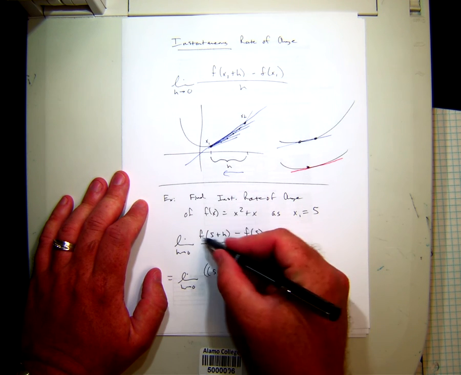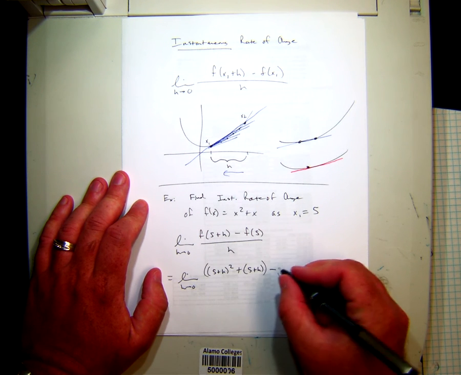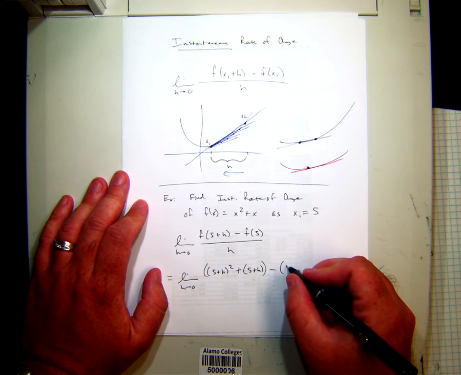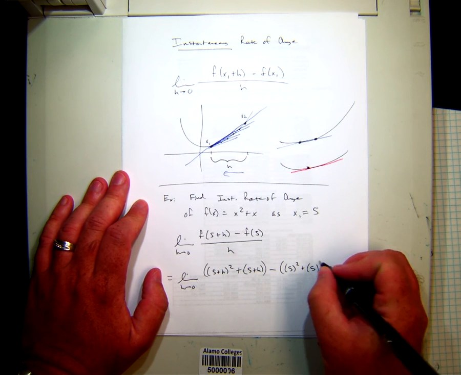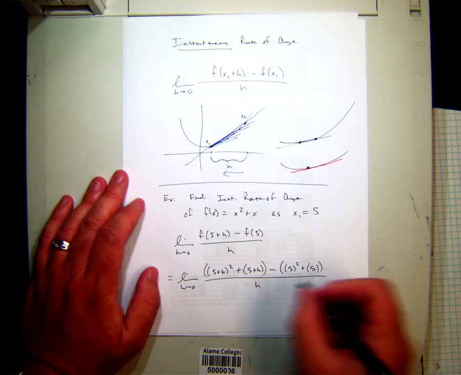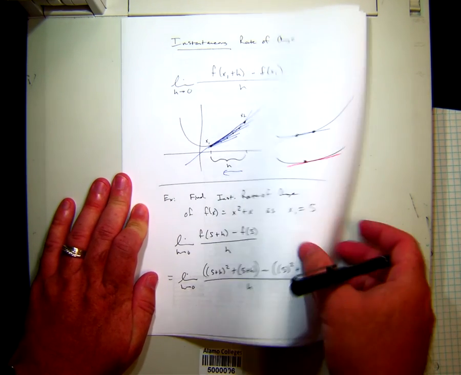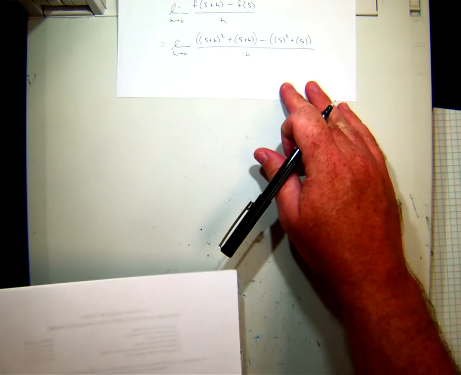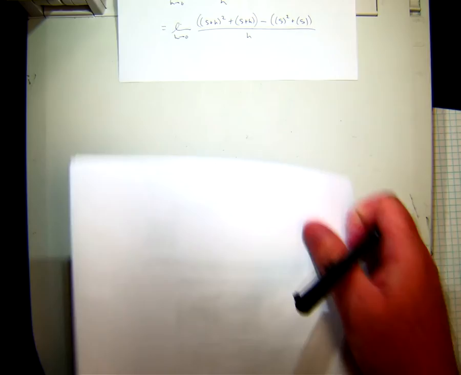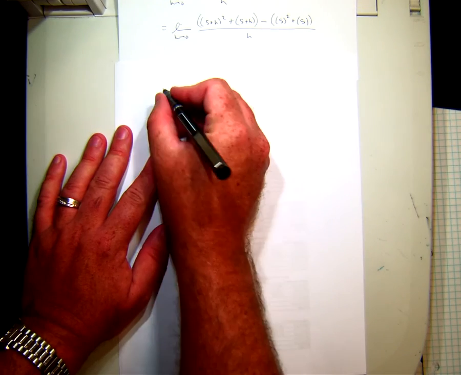This is just f of 5 plus h minus, big parentheses, f of 5. I know it looks like a lot, but good things are going to happen to this. Things are going to settle down quite a bit. So let's see.